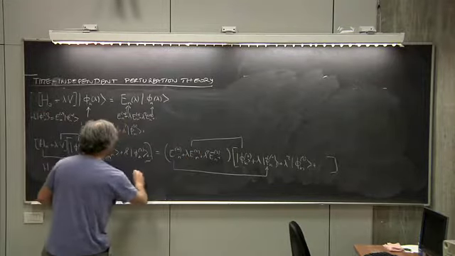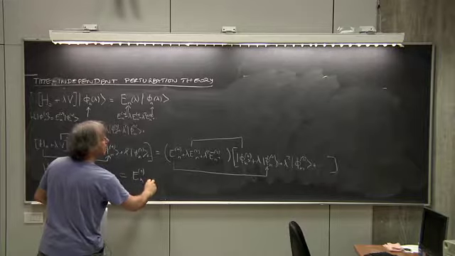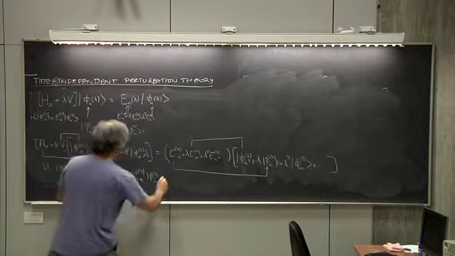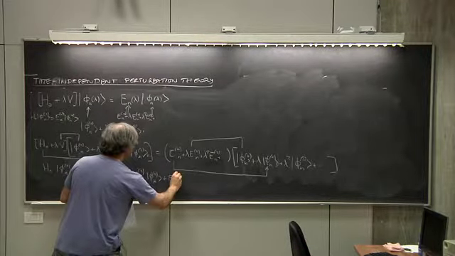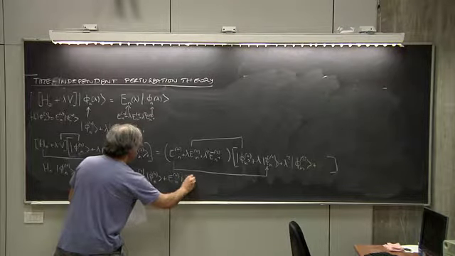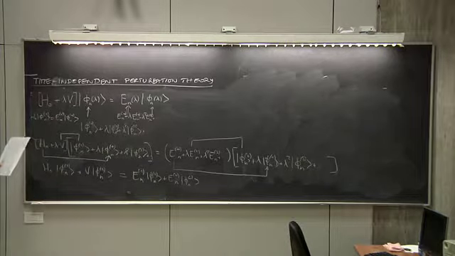E1 multiplying phi 0 plus E0 multiplying phi 1. Now, let me rewrite this in a better way.